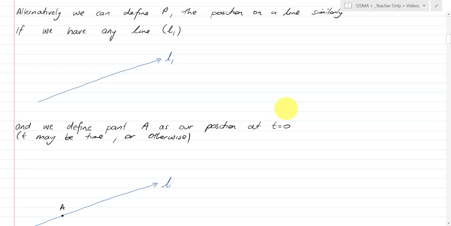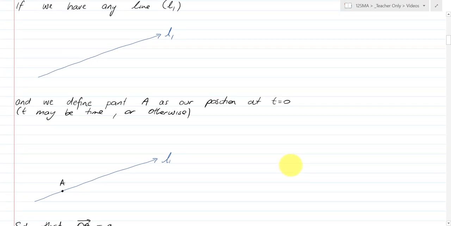And this is a different way of defining a line, which actually falls closer to our usual gradient intercept sort of form. So let's just say we're trying to define the position along line L1. And we start by saying we know a point A, so position A. And that point will be what we call our initial condition.